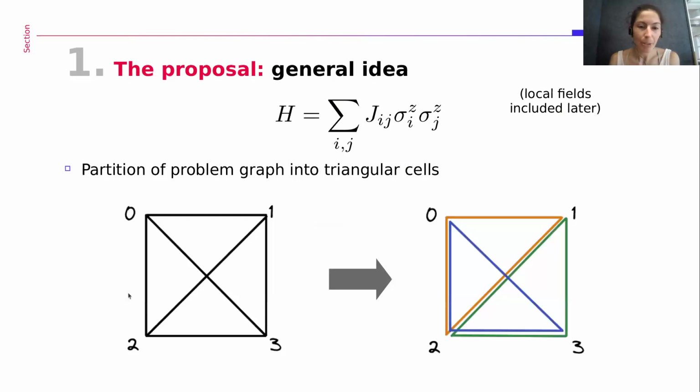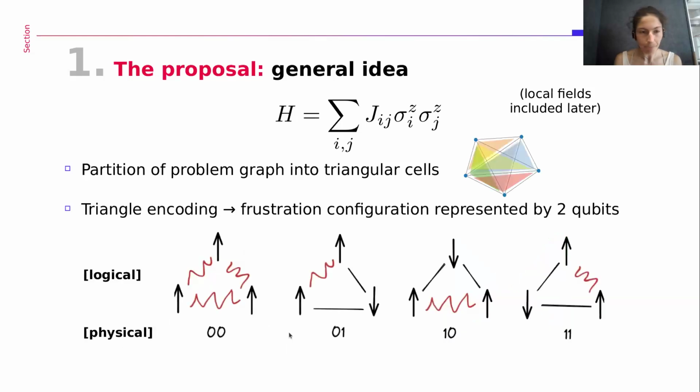So what are we going to propose right now? Let me start by thinking about just a Z2 symmetric Ising model. We will include the local fields later. For this spin glass problem, which we are going to consider to be all-to-all connected all the time, we can think about partitioning this all-to-all connected graph into individual triangular cells, such that we cover all the edges at least once.